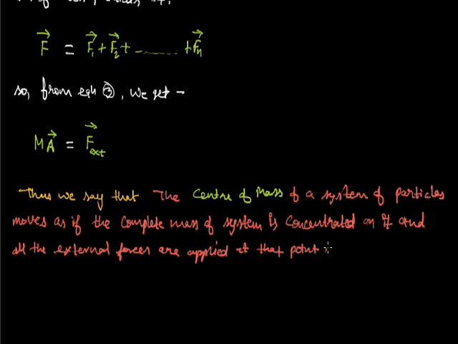So I think it is clear to you that if a body or object is in motion and it is composed of a number of particles having different masses or the same masses, in that case the motion of the complete system can be considered in terms of the motion of its center of mass, where all of the mass can be considered to be concentrated at that point, known as the center of mass, and all the external forces which are acting on the body in various directions can be considered as acting at the center of mass.